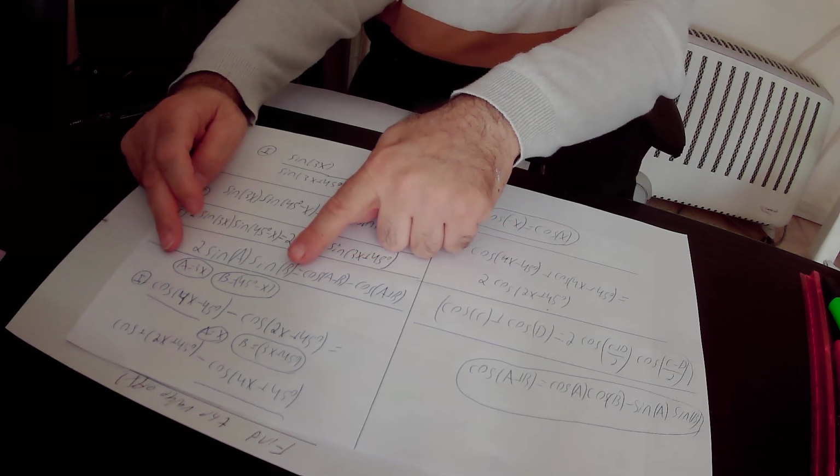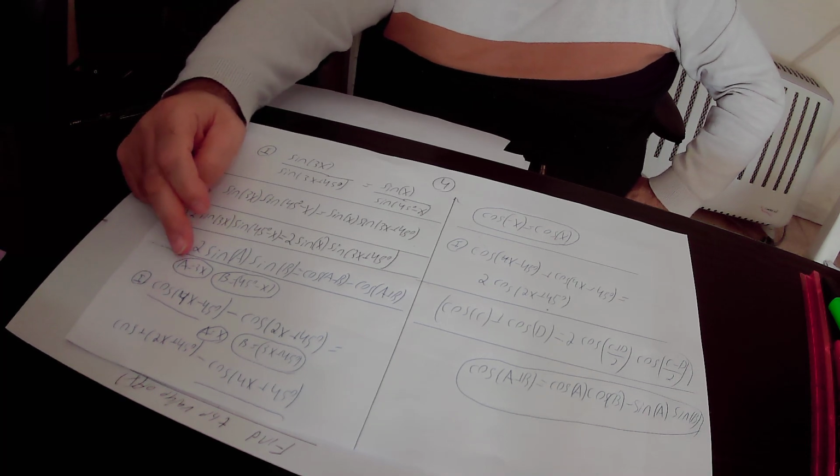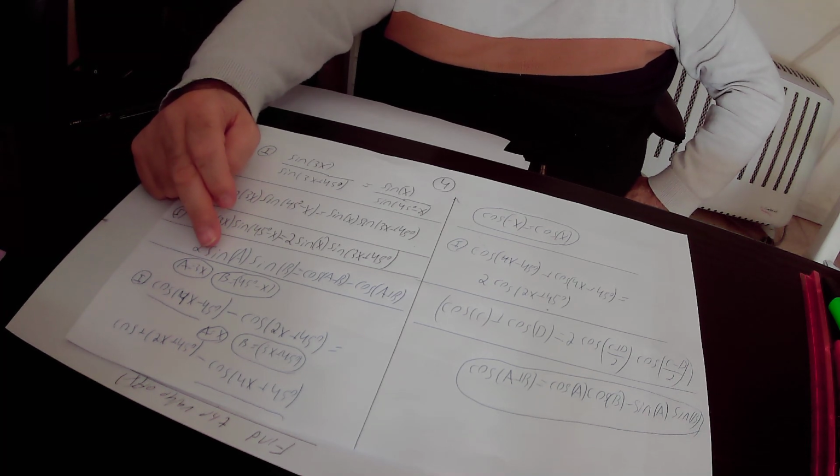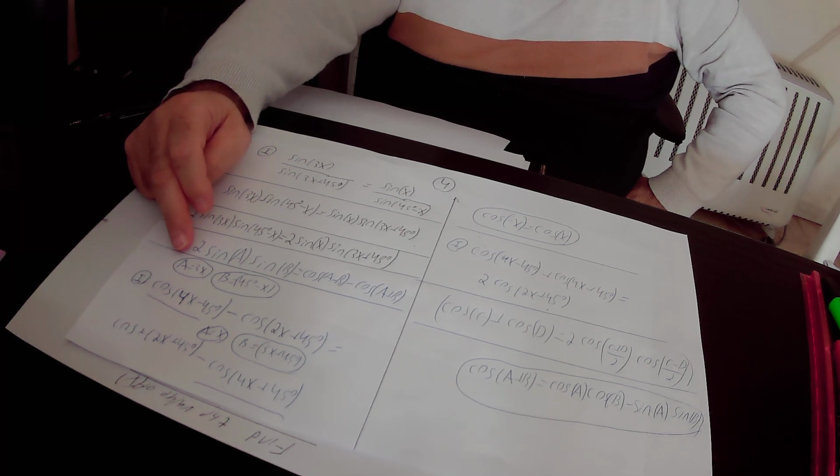So cosine A minus B is 3x minus x, which is 3x plus x, which is 4x, and 0 minus 45 degrees is minus 45 degrees.